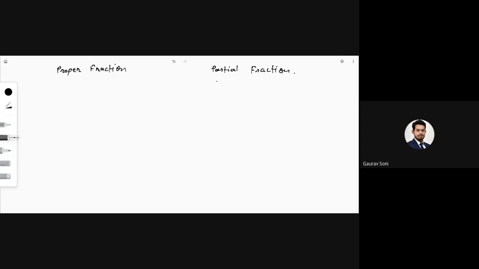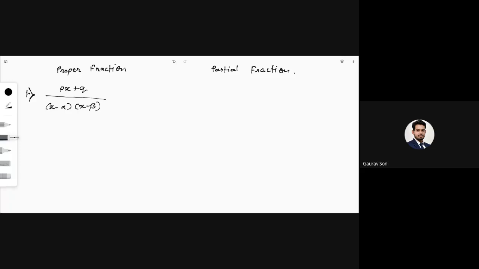So if you have an equation of the form, say, px plus q upon x minus alpha, x minus beta, the first one. What is the degree of numerator?